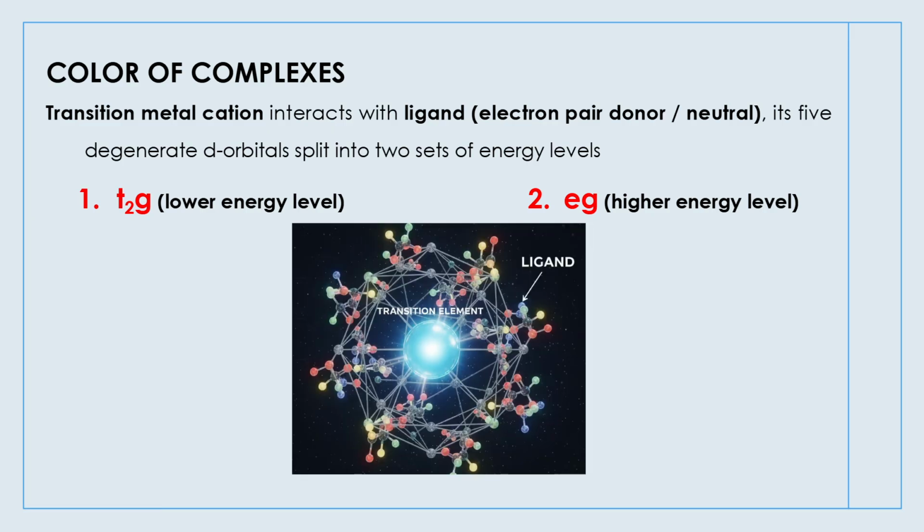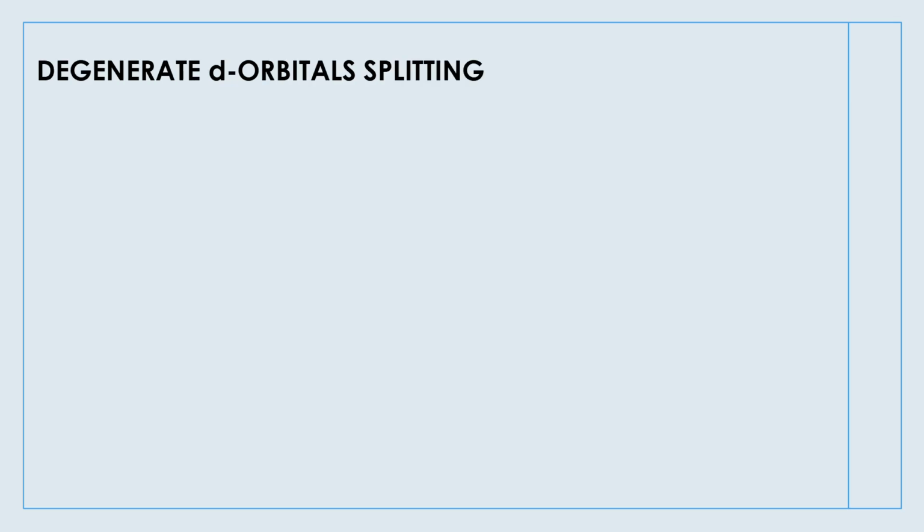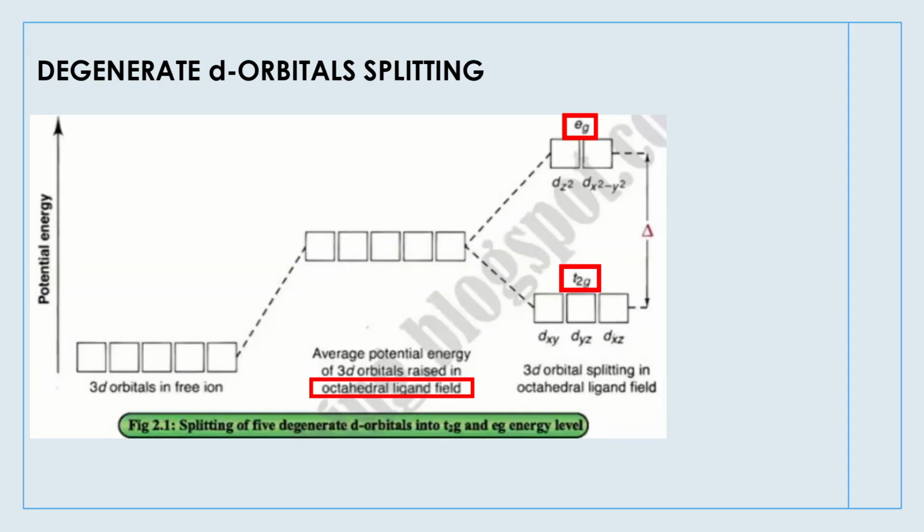In this image, you can see that you have a center atom which is a transition element that is surrounded by the ligand. Now how does the d orbital splitting take place into two energy levels for the 5 degenerate d orbitals?